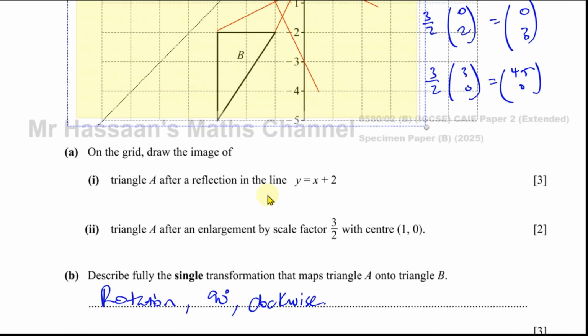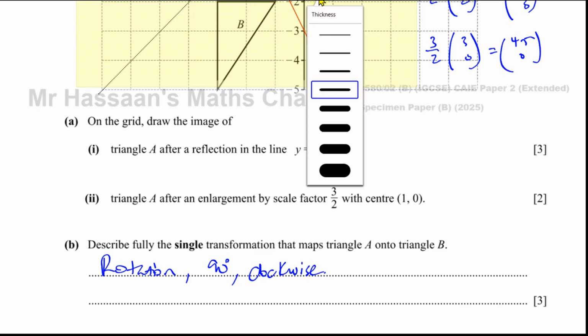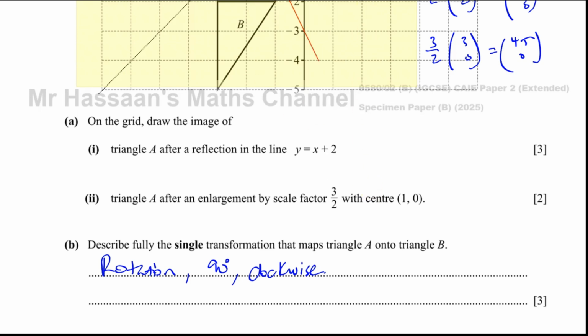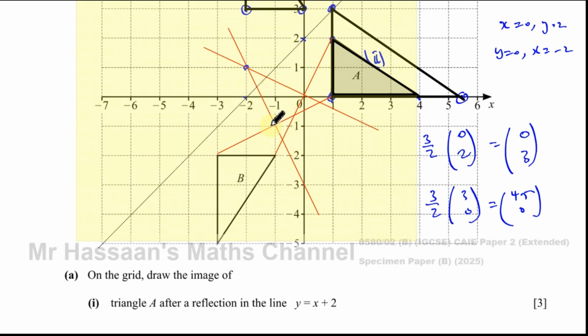So that's how we worked out the center of rotation, which we should give in terms of coordinates. We're told here that the center of rotation is (-2, 1).